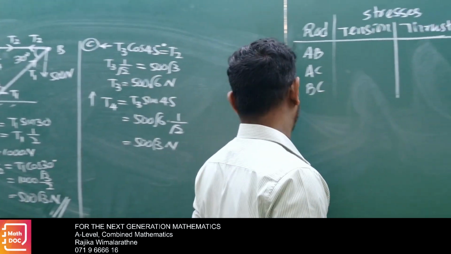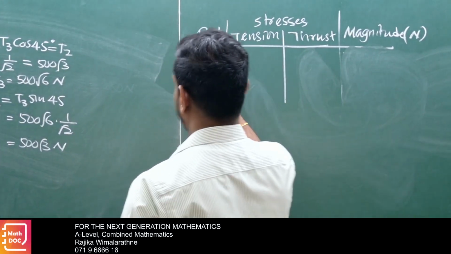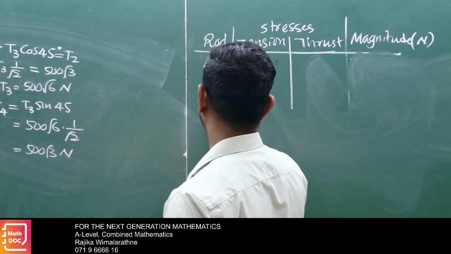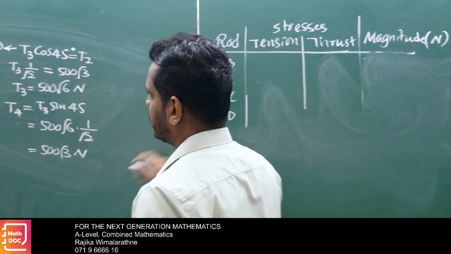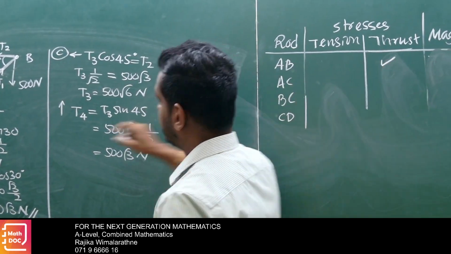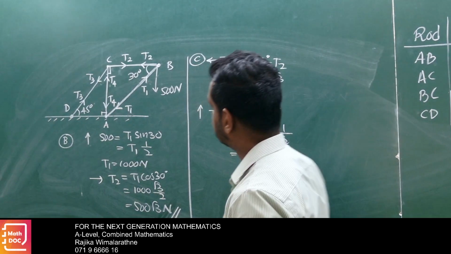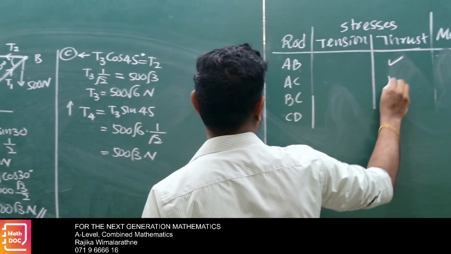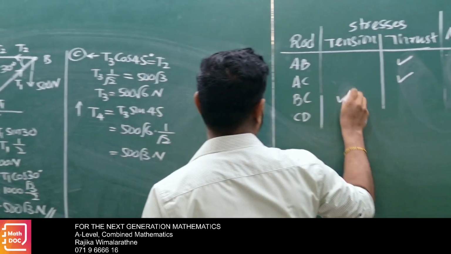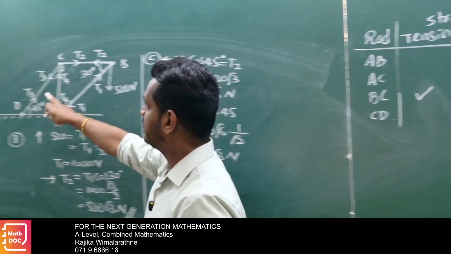Then you fill the table. Rod AB, AC, BC and CD. Then AB thrust. AC thrust. BC tension. CD tension.